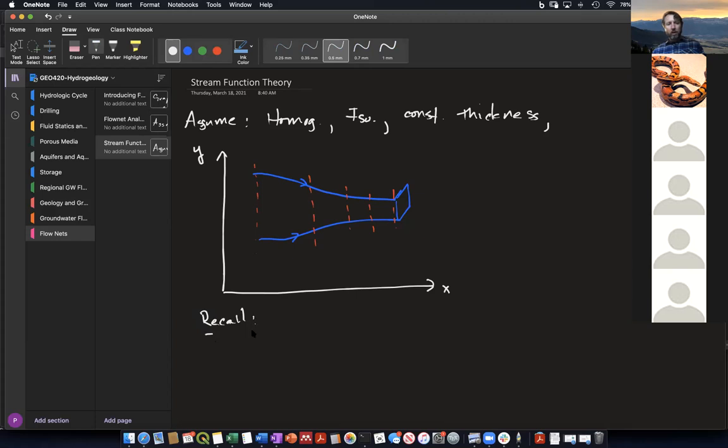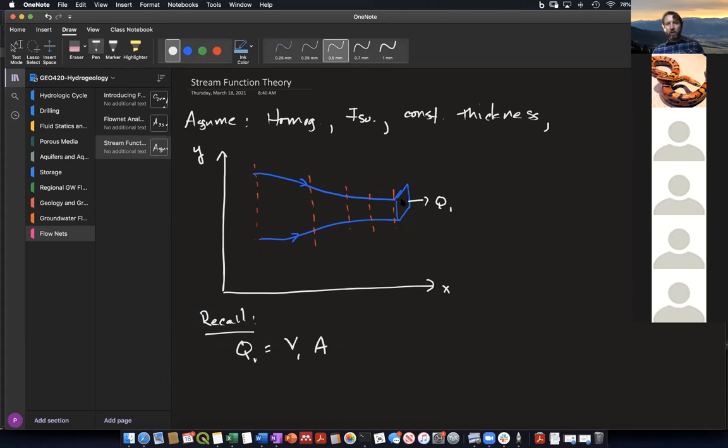This might be a recall, or it might be the first time you've seen this, but the discharge Q is equal to the fluid velocity times the cross-sectional area. So for example, let's call this Q1.